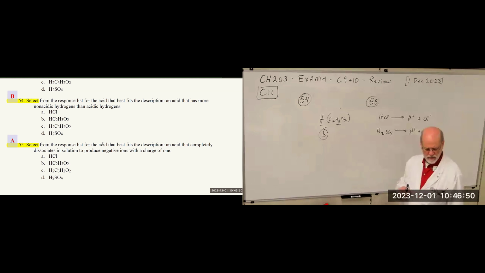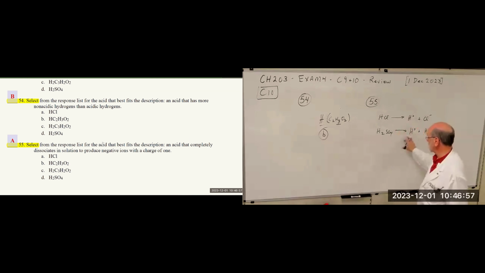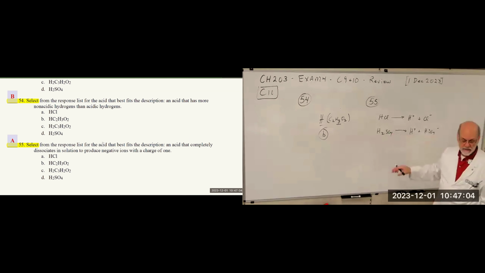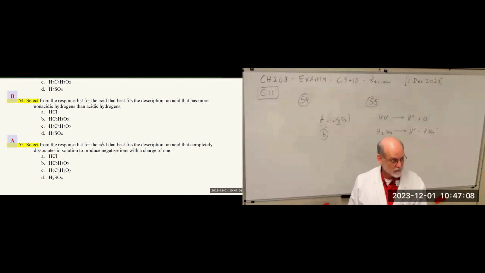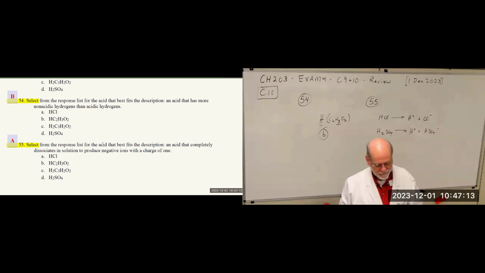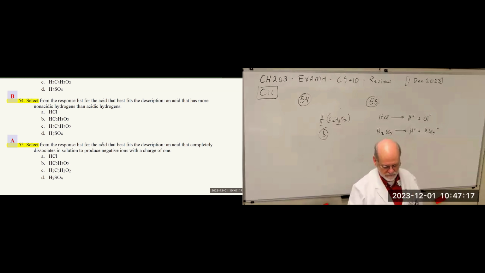You know what? That one's got two right answers. This completely dissociates, but from here this is a weak acid. That's a strong acid. That's a bad question because A or D could be right. So if that one shows up on the test, you could mark either one of them. And if I count you wrong, call me on it.